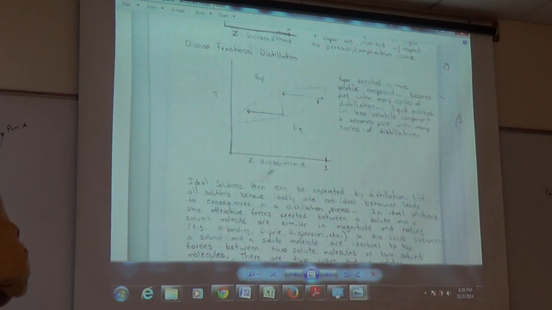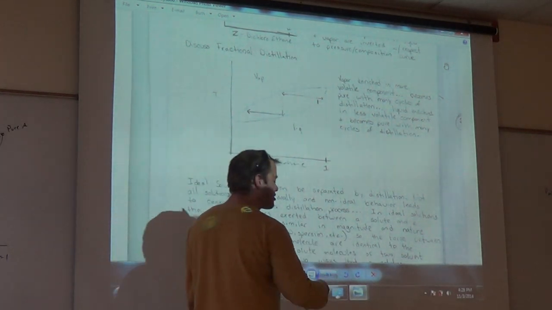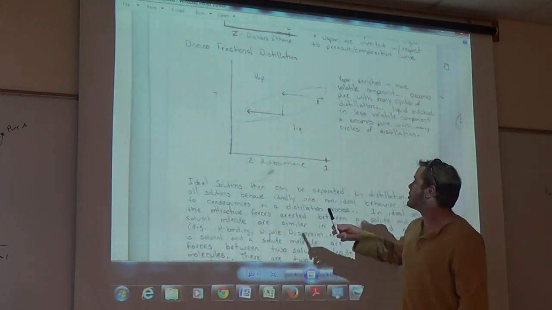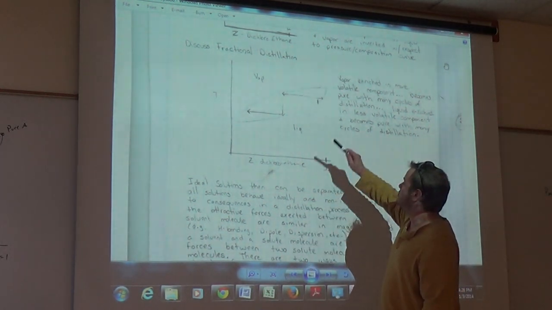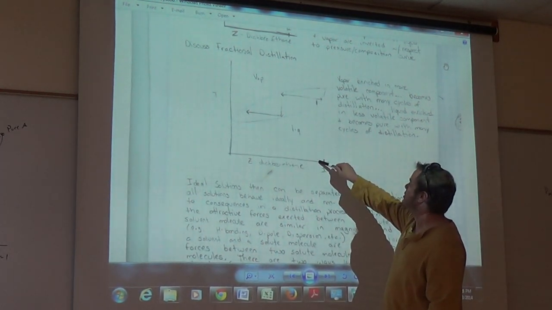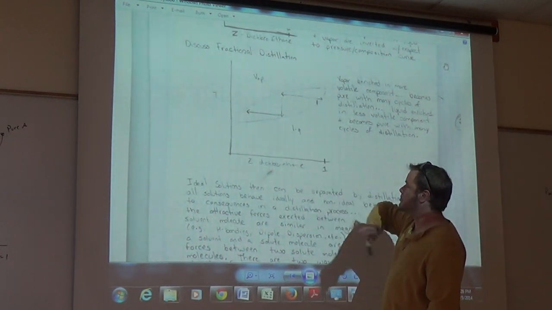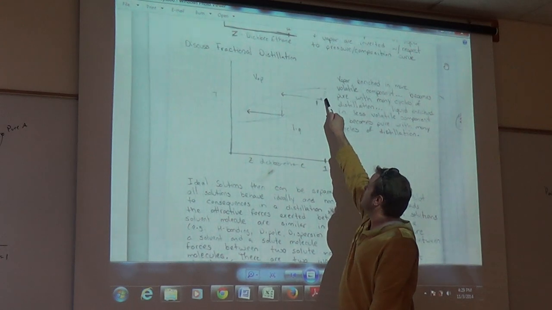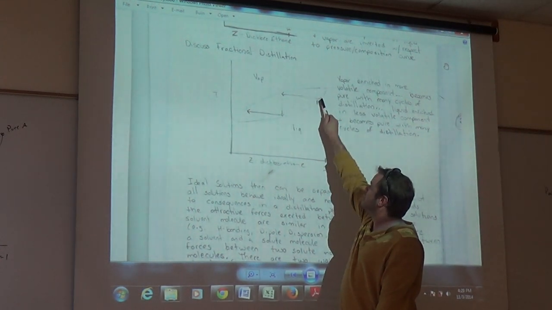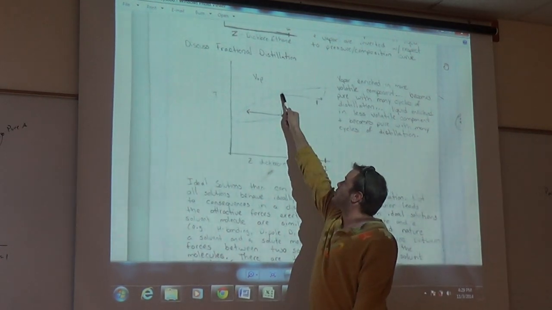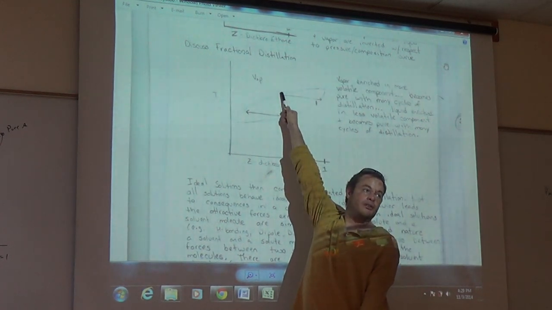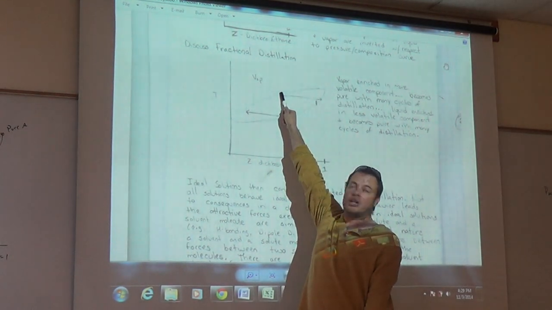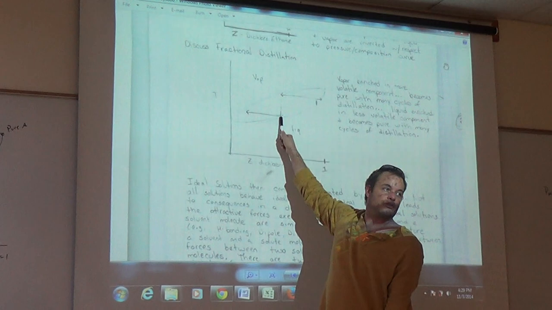So this is the graph that you use for fractional distillation. I'll just walk you through it real quick here. So you take something that has a particular average composition Z, you heat it up, and the stuff remaining moves towards the right, starting to become pure. The stuff that's in the vapor has this particular mole fraction, right? You condense it, and now you've got a liquid with that same mole fraction.